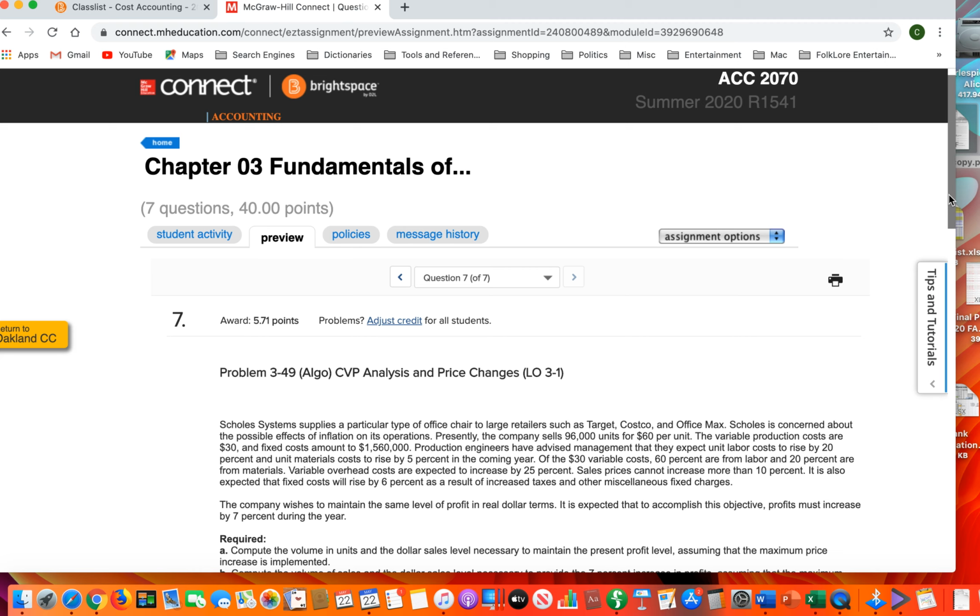So if total contribution margin is $2,973,600, and we divide it by the unit contribution margin, that means it must be 97,177 units.